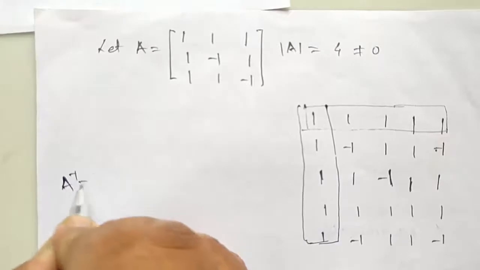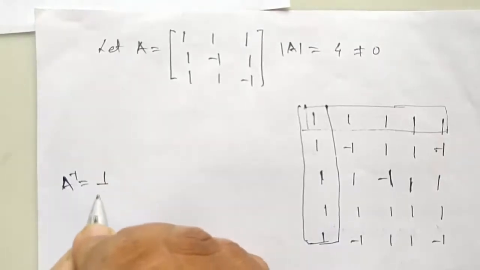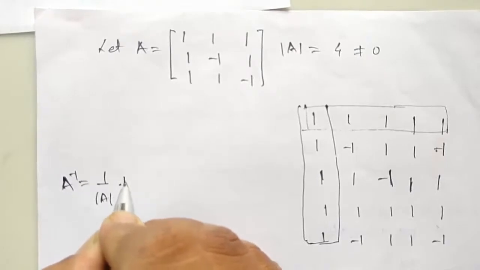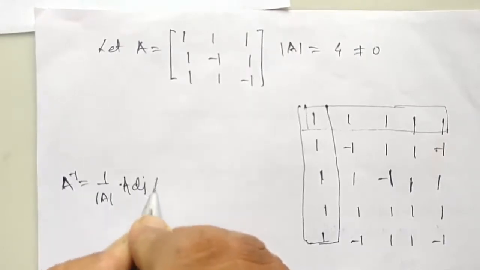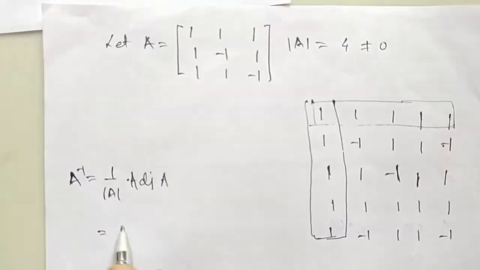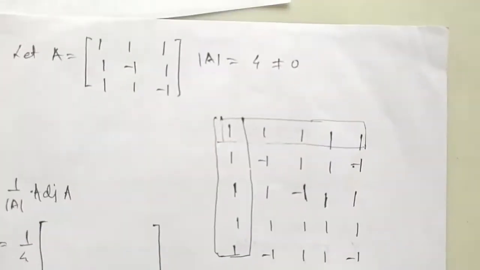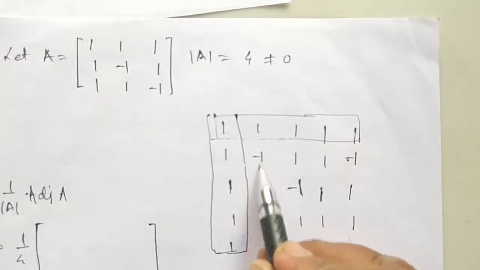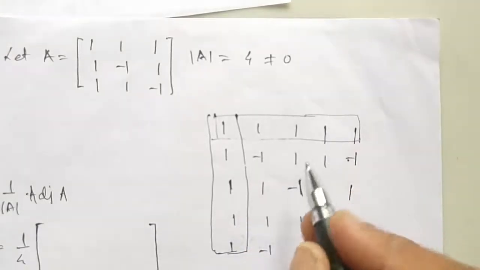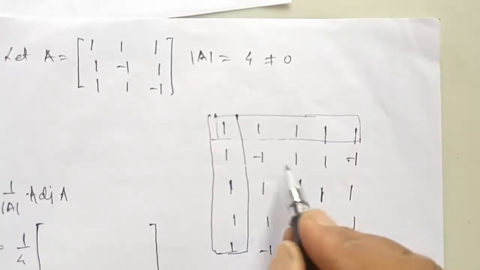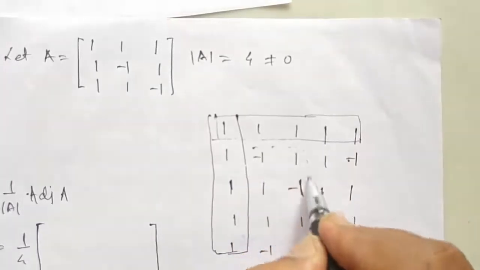Therefore A inverse is equal to 1 upon determinant of A into adjoint of A. It is equal to 1 upon 4, and adjoint of A is a matrix. Now we start from the column and do cross multiplication.